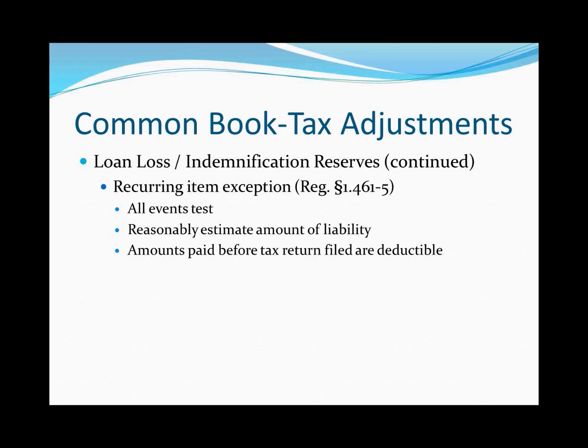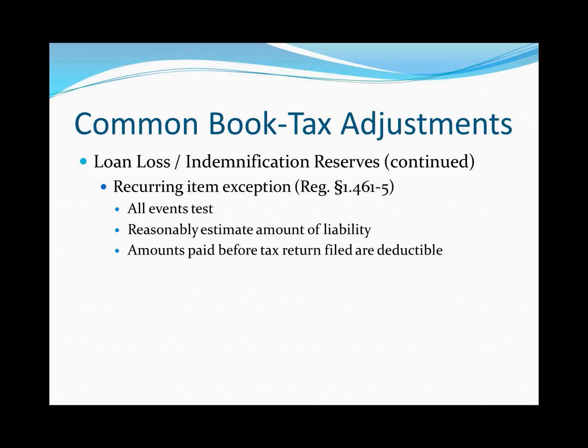So if you're working on some of these indemnification requests from investors, negotiating back and forth, and nothing's really been decided or settled, then you haven't met the all events test. And to apply this exception, you have to have met that test by the end of the year. So for a calendar year taxpayer, that test has to be met by 12/31.